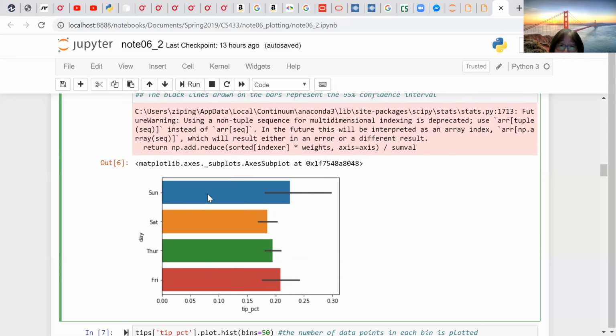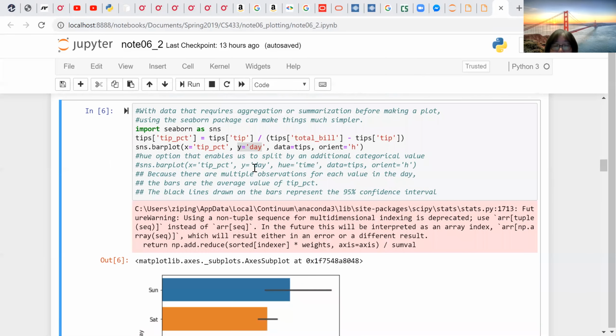With this plot, what we need to be careful about is that in our previous bar plotting, we don't have this single line part. Also, what it shows with the tip percentage and the bar is a little bit different from what the original data is.